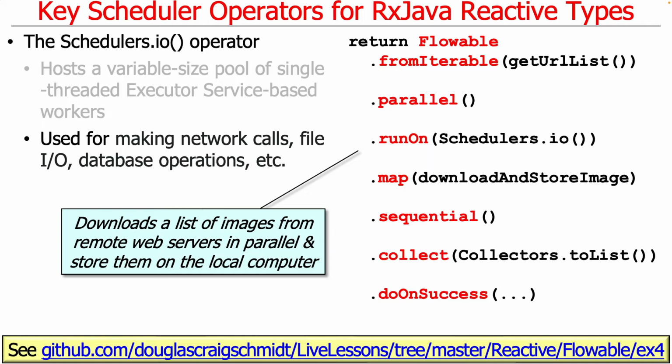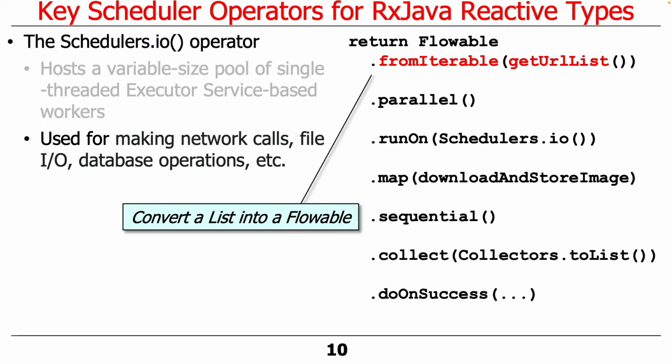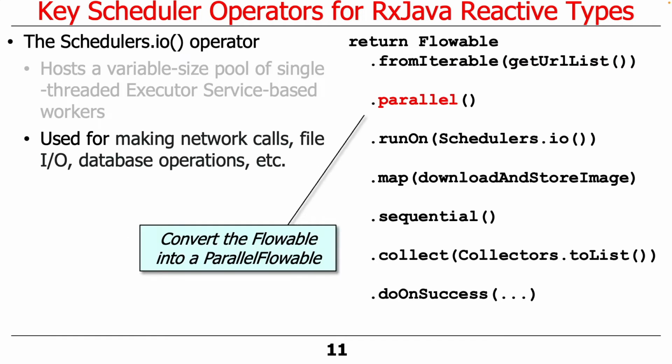And here's a simple example in the EX4 project in my Reactive Flowable folder in my live lessons repository that downloads a list of images from remote web servers in parallel and then stores them on the local computer. And we'll take a look at this. Basically, we use the fromIterable factory method to get a list of URLs. Then we use the parallel factory method to convert the flowable into a parallel flowable.